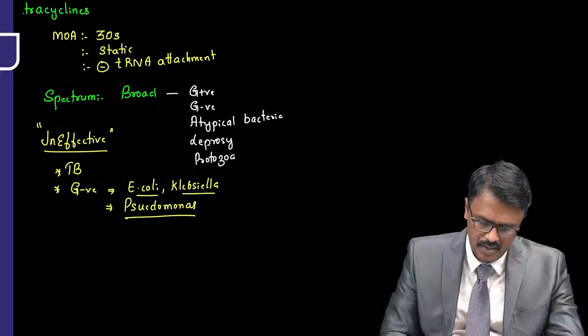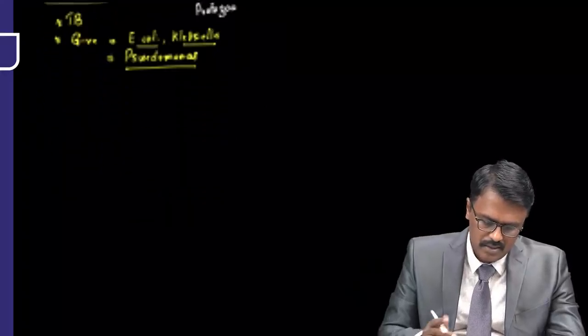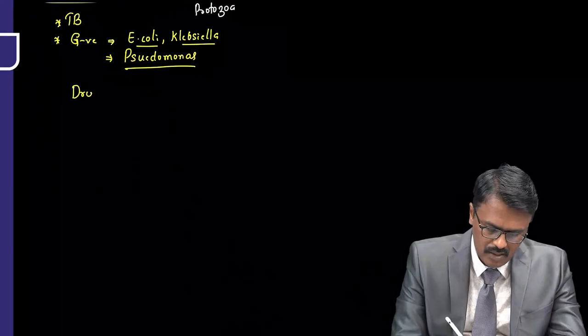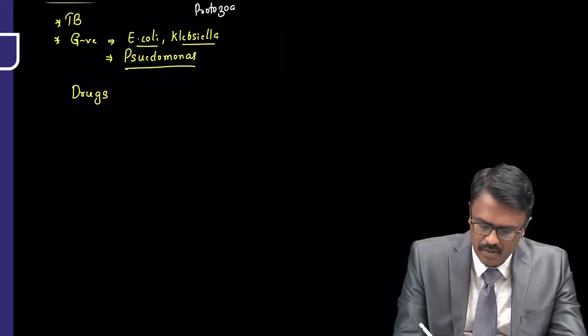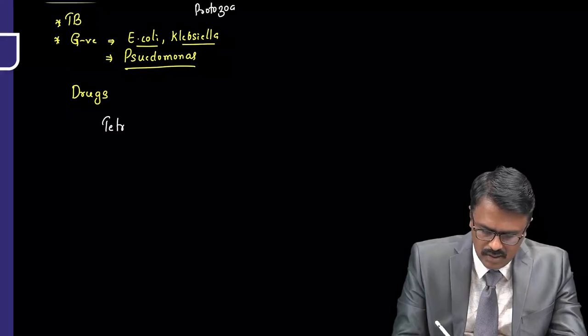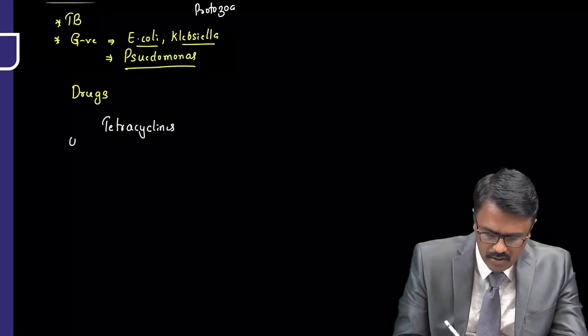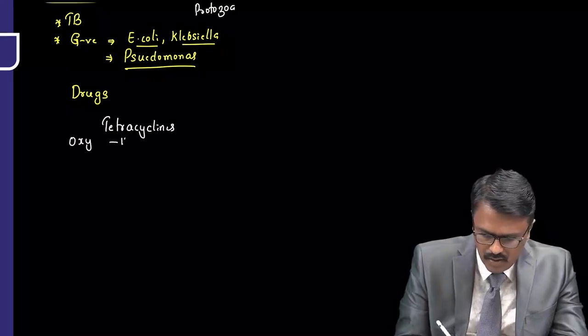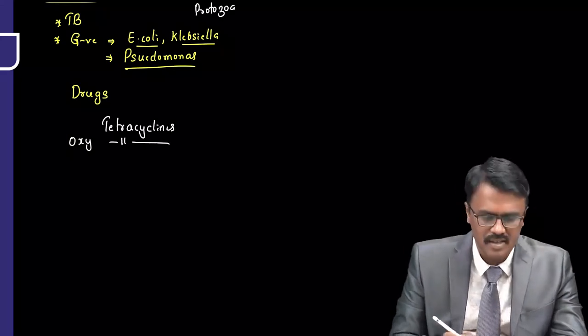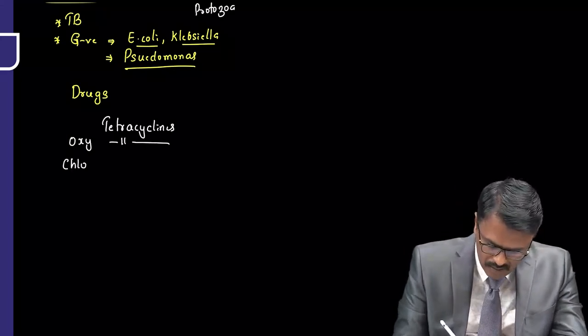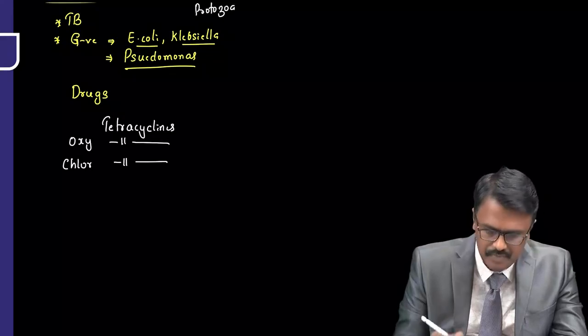Okay. So once I understand this, what are the drugs here? We know that the older ones are tetracyclines, and if you add oxy to that, you get oxytetracycline. If you add chlor to that, you get chlorotetracycline.